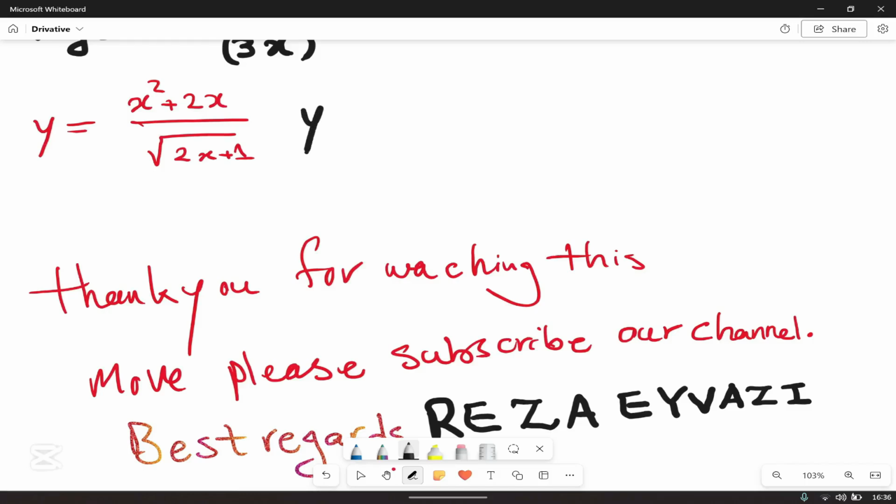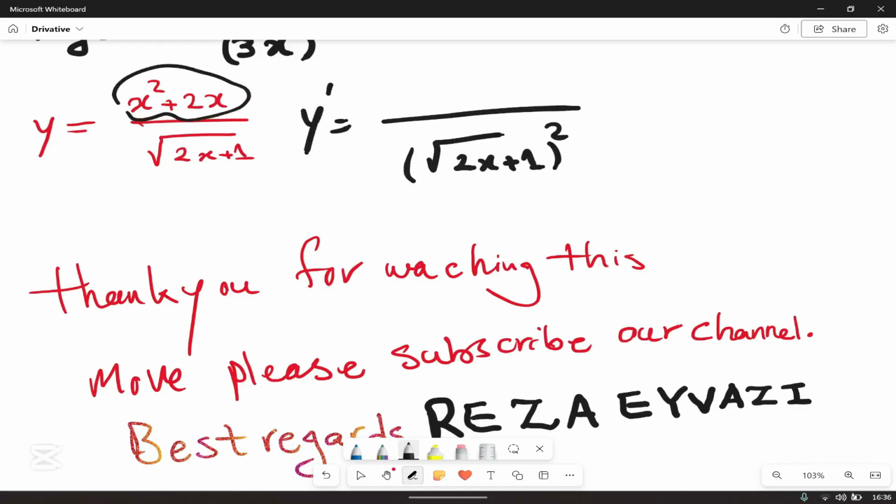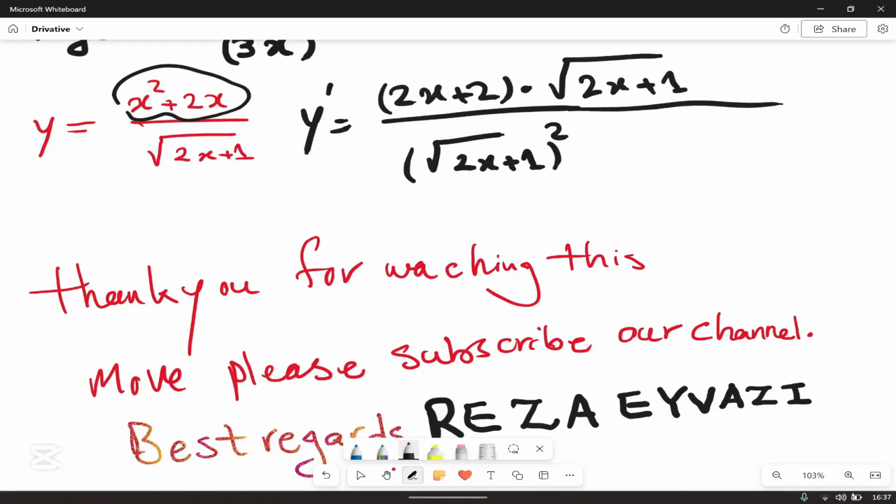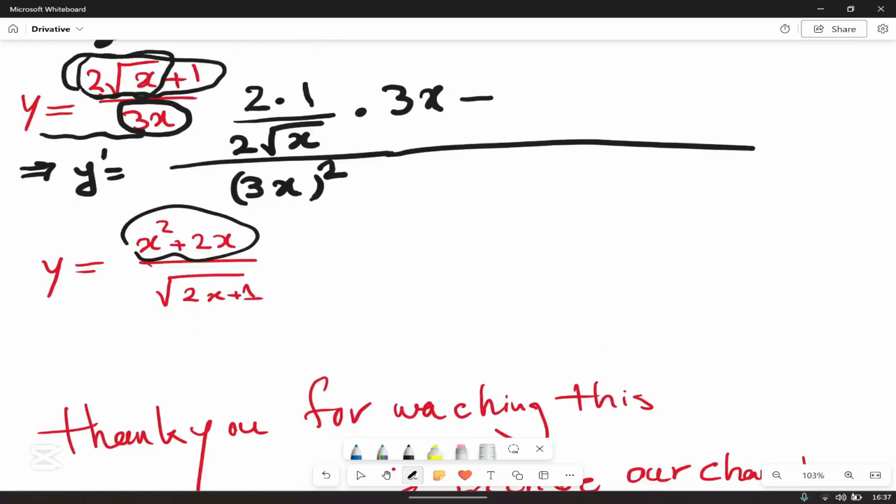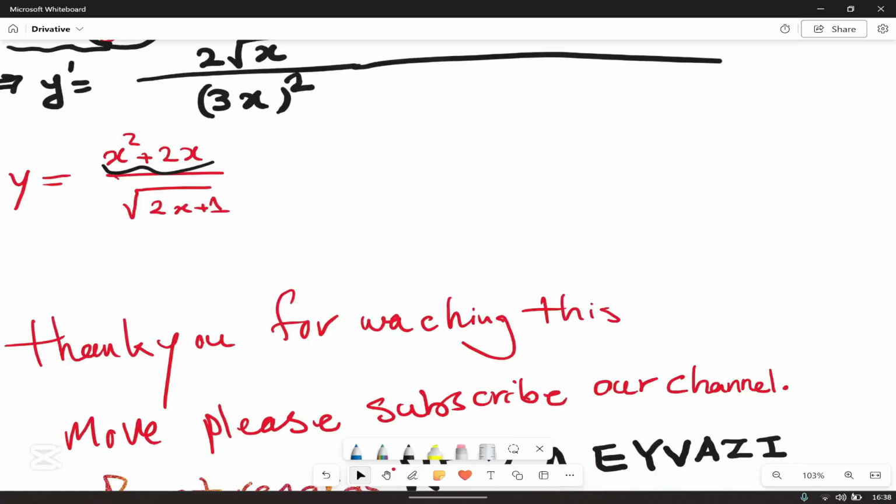What about these, guys? Y prime is 2x plus 1 power 2, and in the top the derivative is 2x plus 2 times the denominator root square of 2x plus 1, minus the second part, the derivative of the denominator, which is 3, times the numerator 2 root square of x plus 1. What about these, guys?